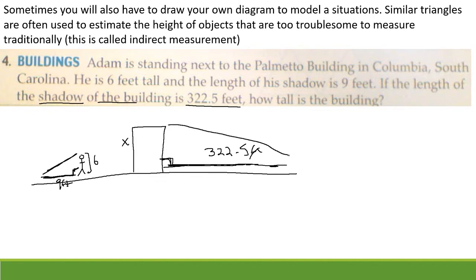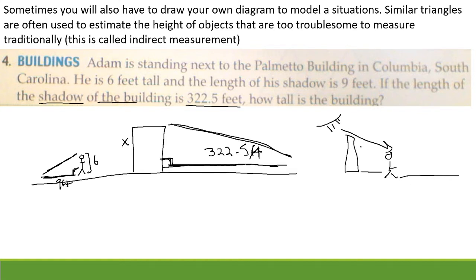Whenever you're dealing with shadows, you can always assume that they're going to make a similar triangle with other stuff dealing with the same shadows. So the reason for that is basically because if you have a sun, which we do, the sun's rays run parallel. So when I have a person here, the angle of their shadow is going to be the same as if I have a building here and the angle of its shadow.